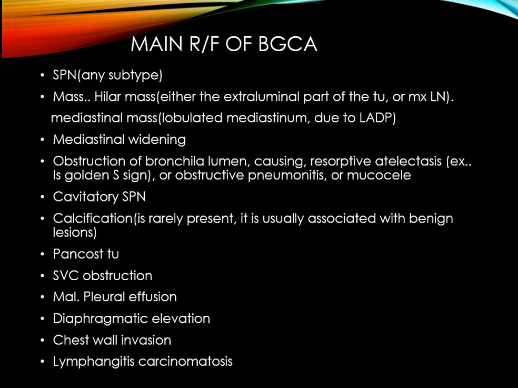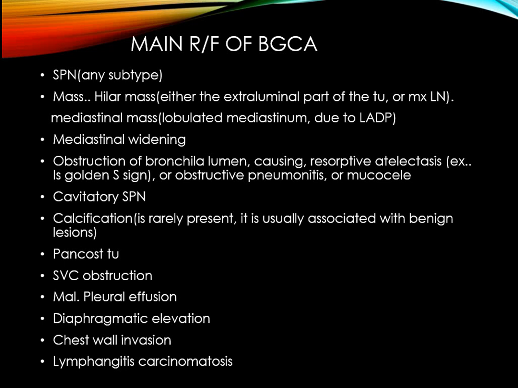If we notice this long list of radiological features of bronchogenic carcinoma, I can summarize it for you like this. Bronchogenic carcinoma can present with any radiological feature in the chest X-ray. It could be a nodule, mass, patch, cavity, focal, diffuse, pleural effusion, diaphragmatic changes, chest wall involvement, lymph nodes in the mediastinum, in the hilum, rib destructions.